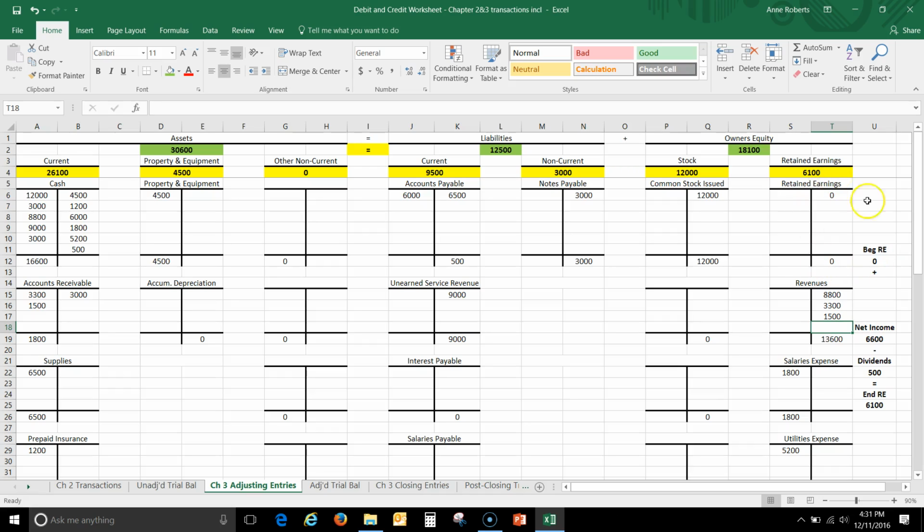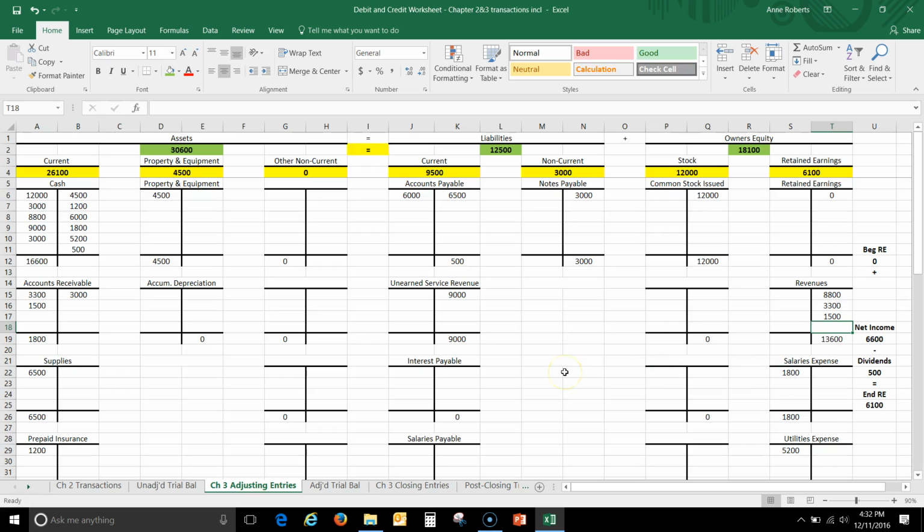But notice what happens here. Retained earnings in that specific account doesn't change because all the changes, revenues, expenses, and dividends, these three items right here that will ultimately affect ending retained earnings are still sitting out here in their individual accounts. We're going to look at this a little bit later in a little bit more detail.